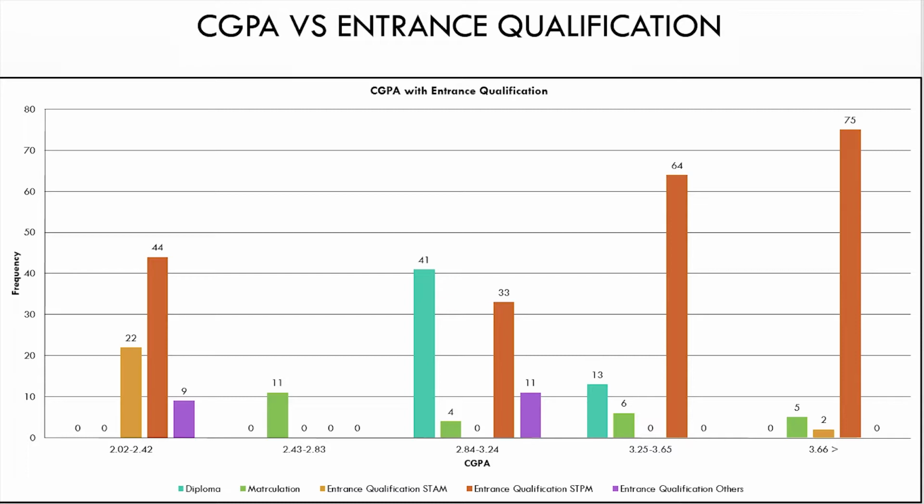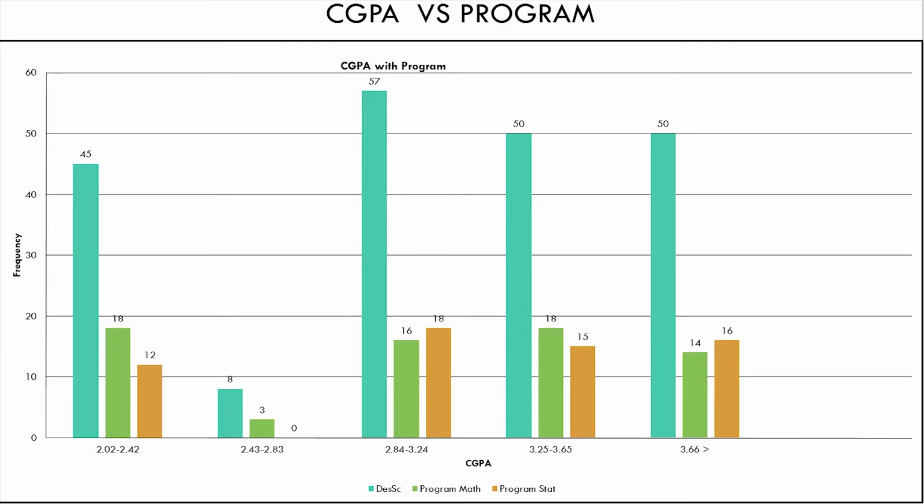The lowest for CGPA 3.66 and above is 5%, also from matriculation. For the graph of CGPA versus program, from 2.02 until 3.66 and above, the highest students score is from decision science.